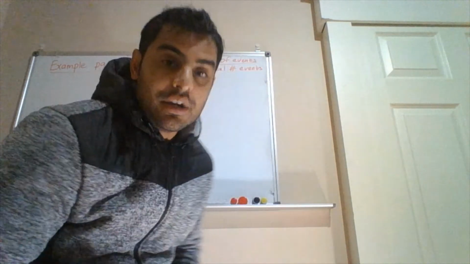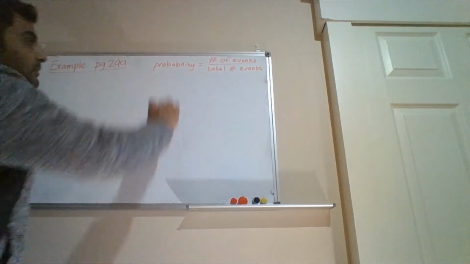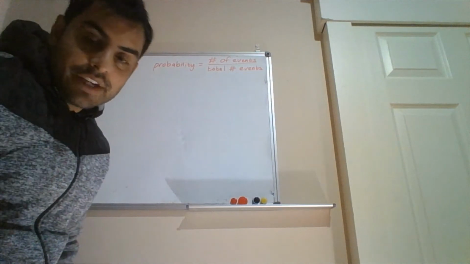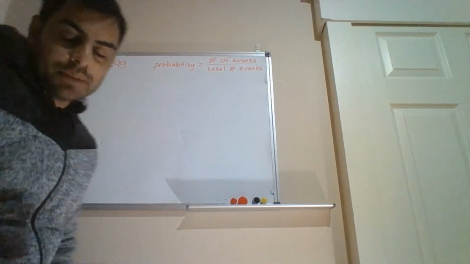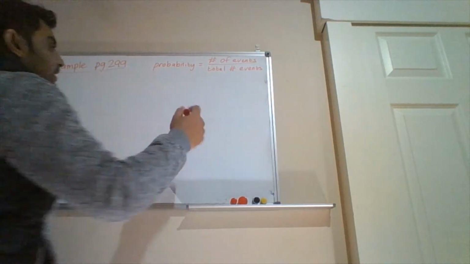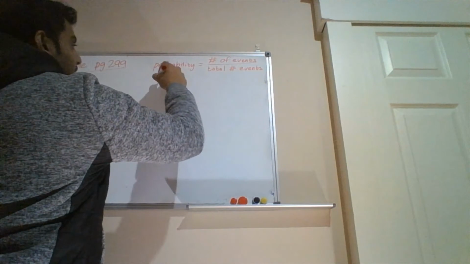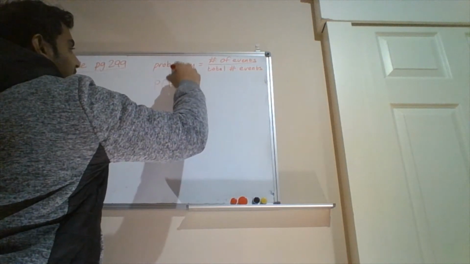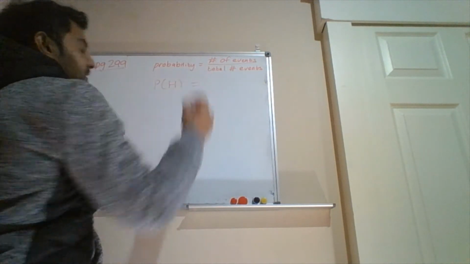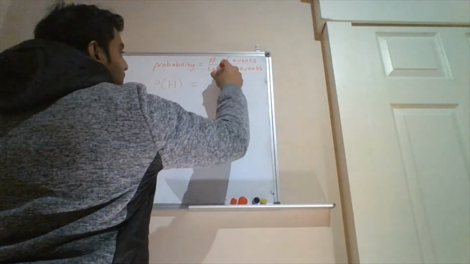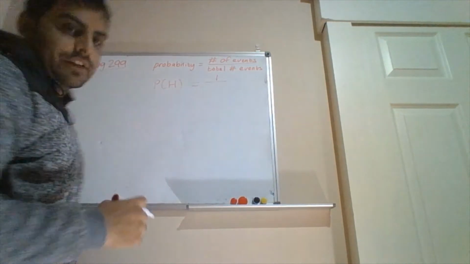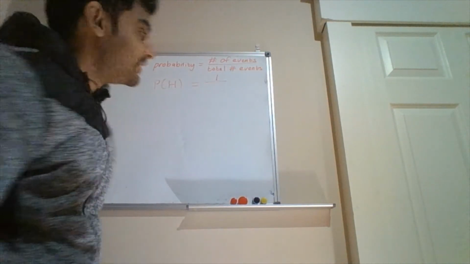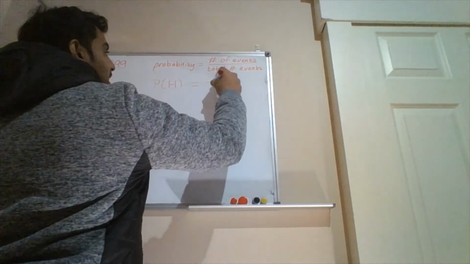Before we start, I just want to refresh you on how we calculate probability. Probability equals the number of events that we're interested in over the total number of possible events that can occur. So if we look at the coin flip, and we're looking for the probability of getting a heads, there is only one of the faces with the heads, so the number of events is 1, and the total number of faces that can occur is either heads or tails, which is 2.